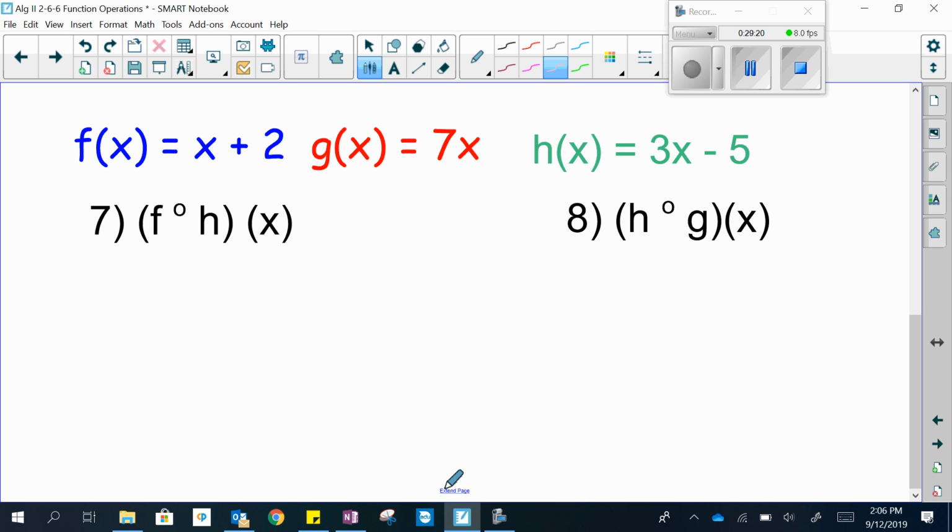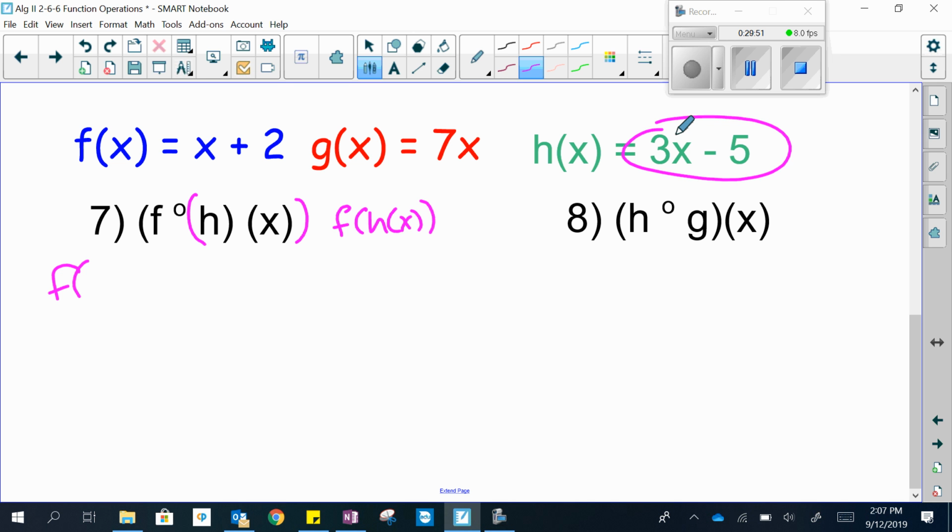All right. F of h of x. What do I do here? I'm going to use the h of x to go into which function? Right. I know that. F of h of x. So what goes into the f?